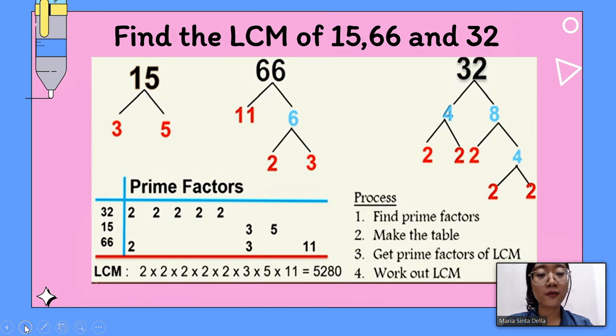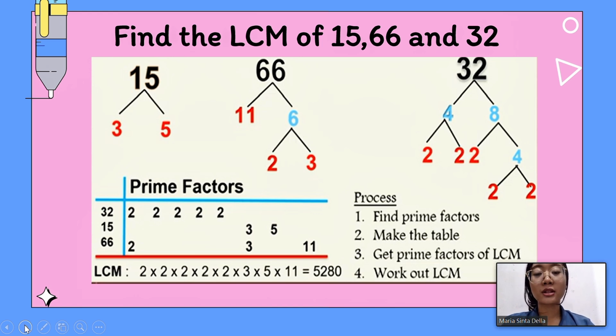It has the prime factor 2, 5 times. 15 has the prime factors 3 and 5. 66 has the prime factors 2, 3, and 11. Notice how only factor mates are in vertical columns. Everything else is in its own column. All the prime factors are left in the table.